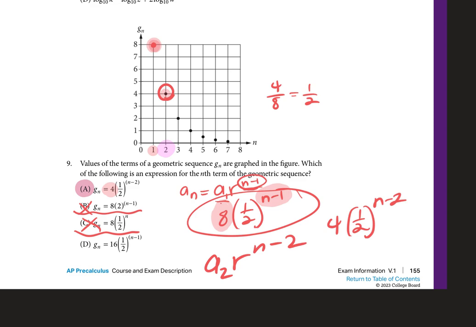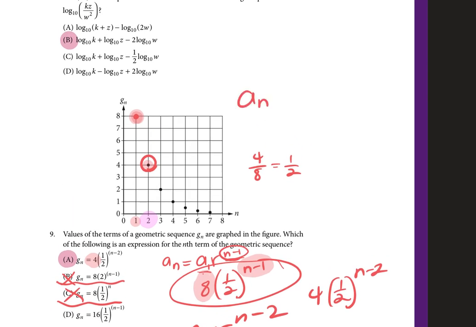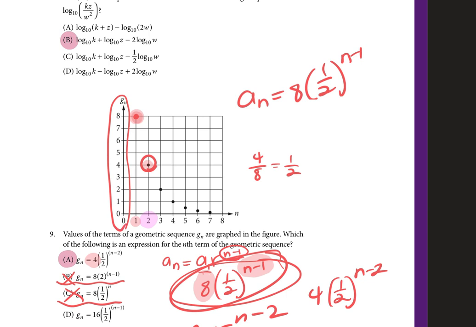Like if it was an open-ended question that said find AN, then my answer would have been this one, 8 times 1/2 to the n minus 1. But that's not the only right way. You can now take that and shift it back. I could do A0, which if I had a 0 point, it would have been that value times 1/2 to the n. Or I shift it forward, and each time you shift it forward, this number changes.